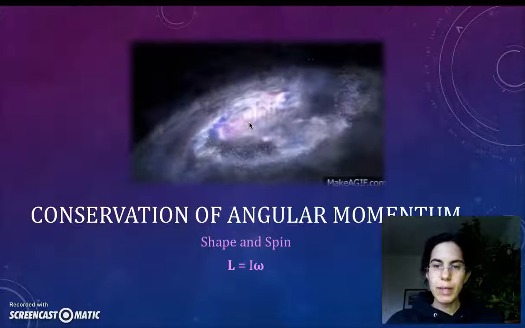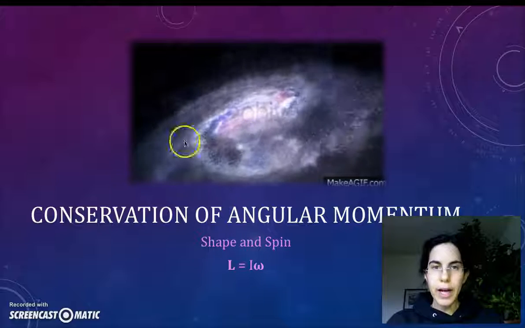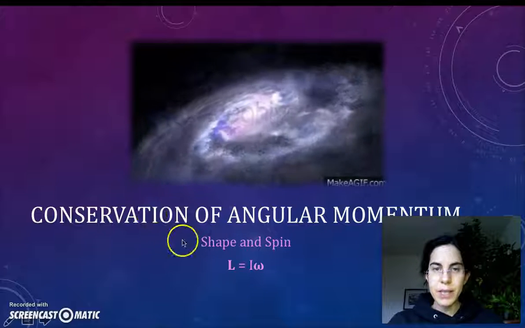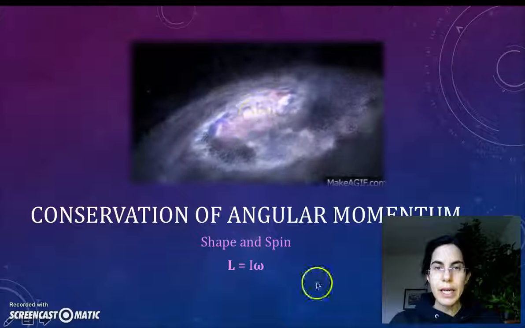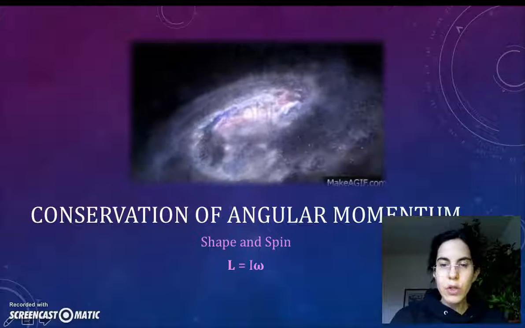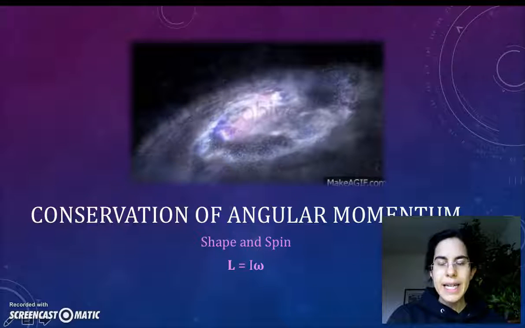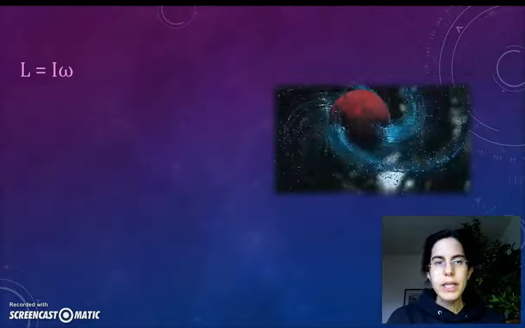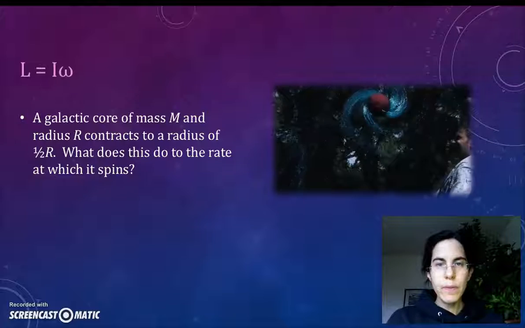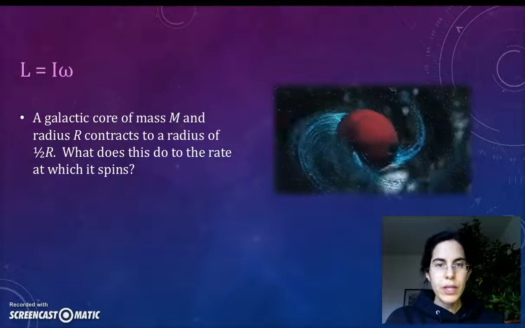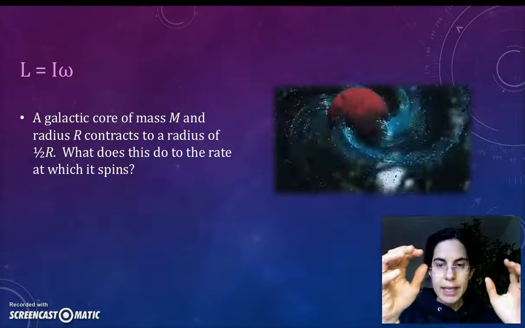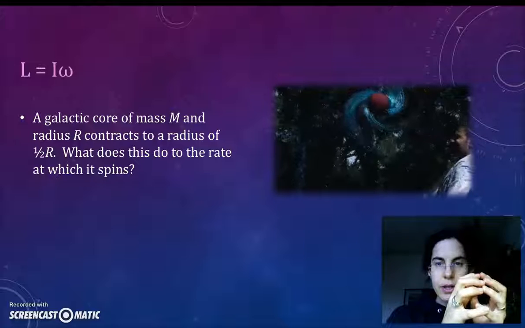Let's see how this works mathematically. Although galaxies are in the shape of disks or spirals, let's zoom in on the dense core at the center and assume that that core is, when you get down to it, basically spherical. We're going to take a look at a spherical core, mass m, radius r, that contracts to half its size.